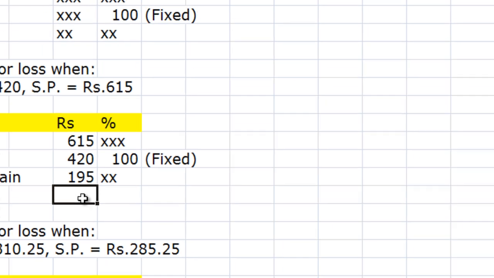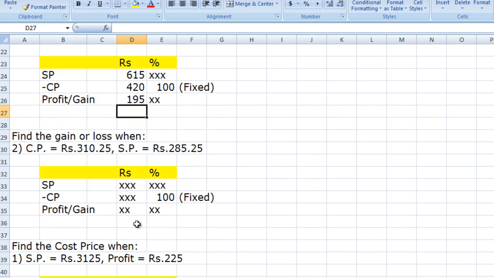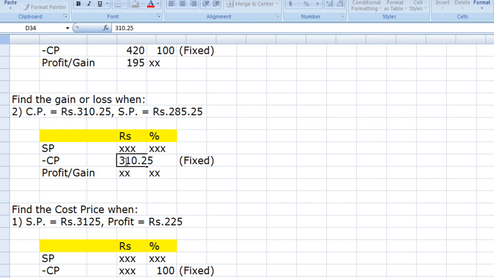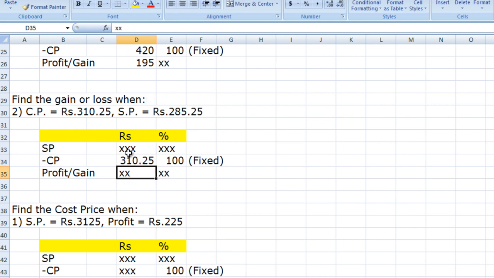Now we are going to the next situation. Find the gain or loss when CP is equal to 310.25 and SP is equal to 285.25. Now we are substituting the given information in the format. So CP is equal to 310.25 and SP is equal to 285.25.